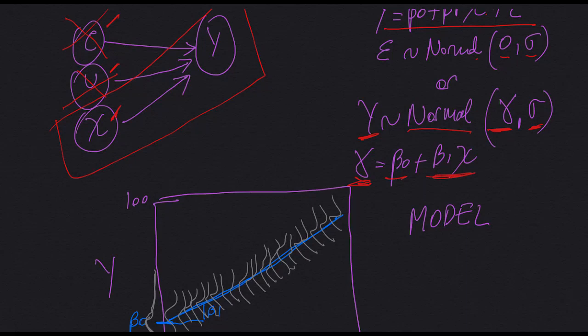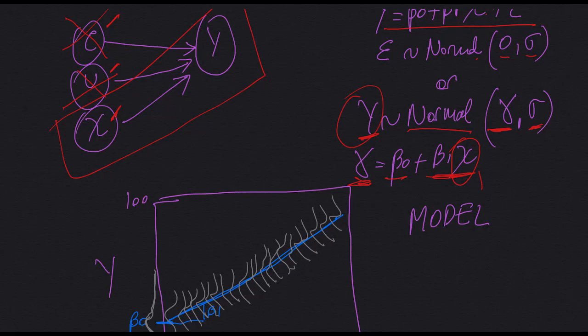So this is the most simple linear model in which one variable, this variable x, is used as predictor of the outcome variable y.